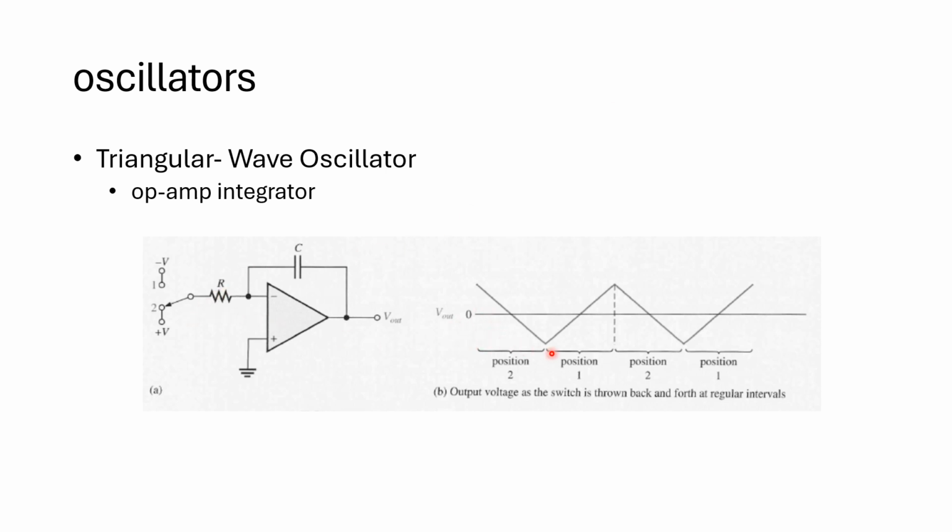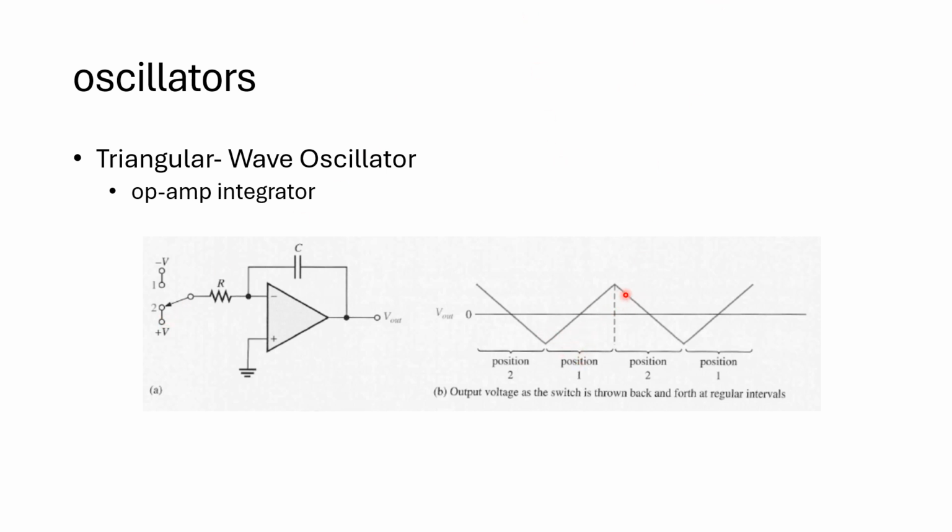Okay, if you're going to remember your video regarding the operational amplifier, when our switch is placed at position B or position 2, a negative going ramp is produced.